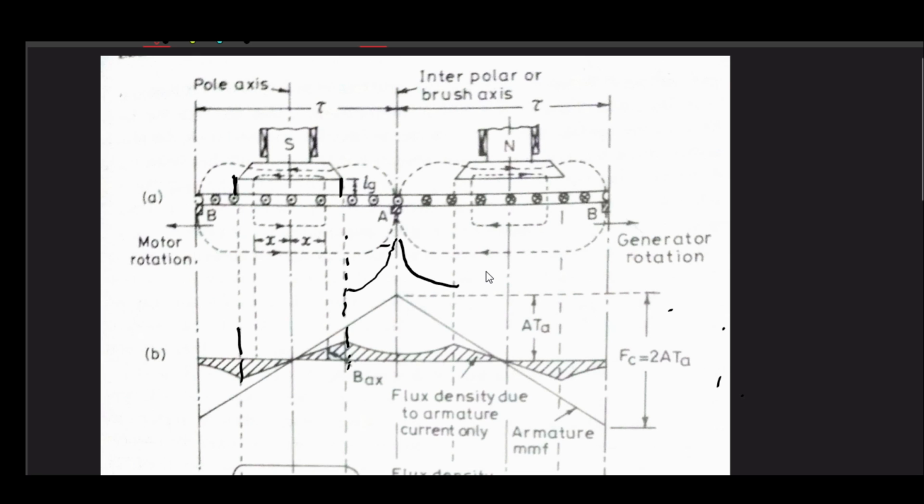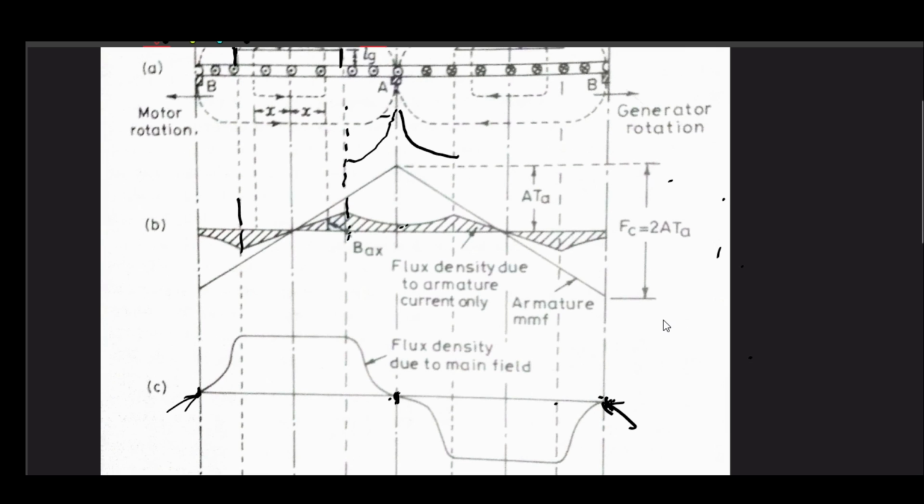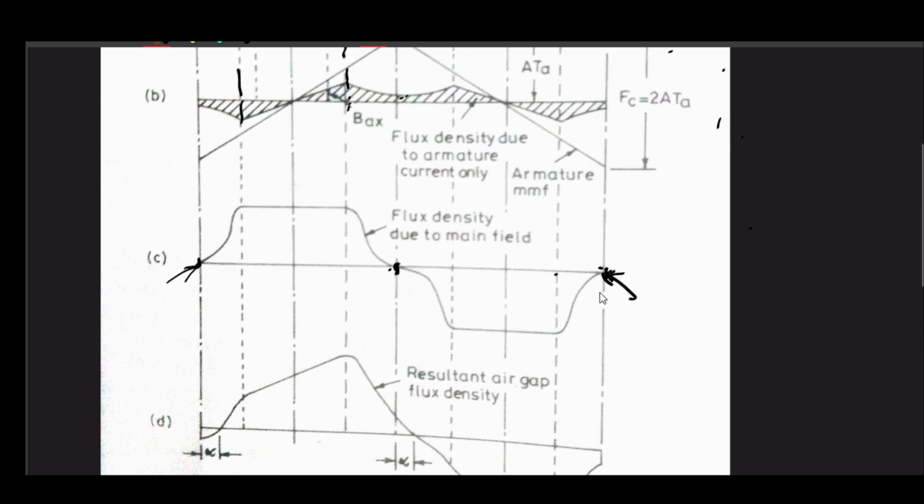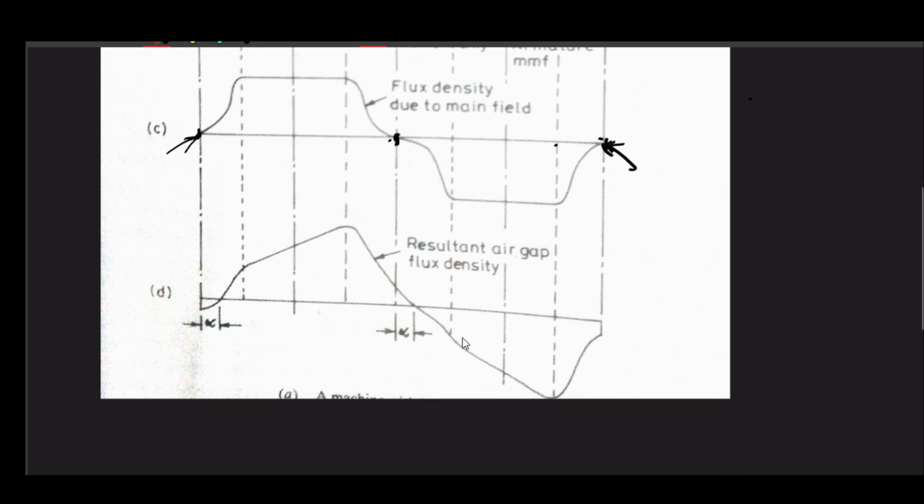So whenever you divide this by this, you get this kind of curve. This shaded curve is the flux density, and remember that we are interested in flux density, not the MMF, right? So how to find the resultant? We can do point to point addition, and this is our resultant air gap flux density, whatever you say.